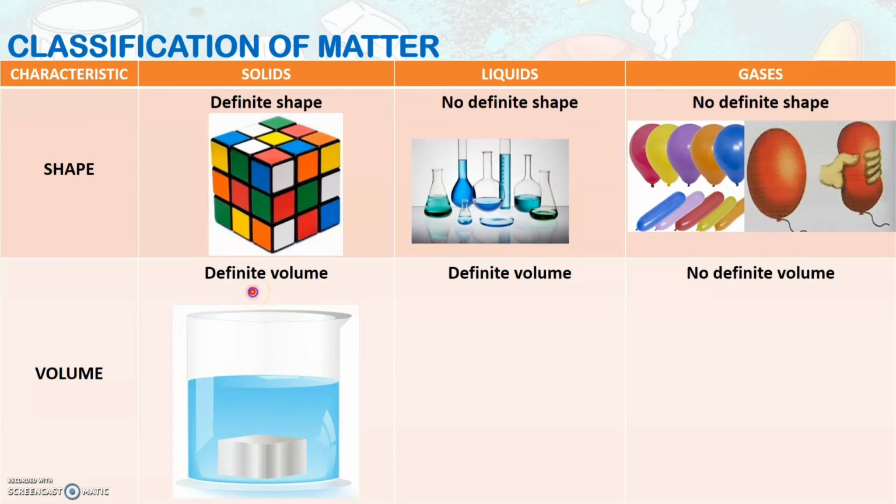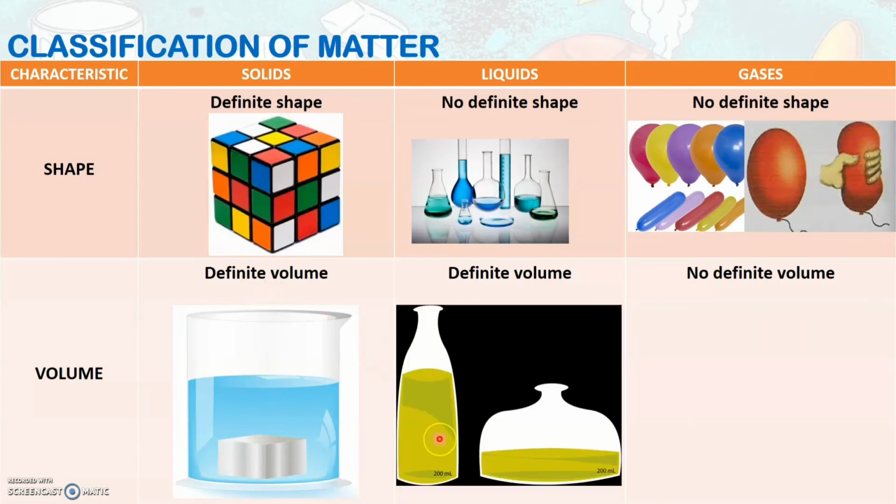Now, what about liquids? Look into this picture here. We take, say, a measured amount of liquid inside a container, as you see here. Say 200 ml of liquid in this bottle. Now, as we transfer this liquid carefully into another bigger container, what do we observe?